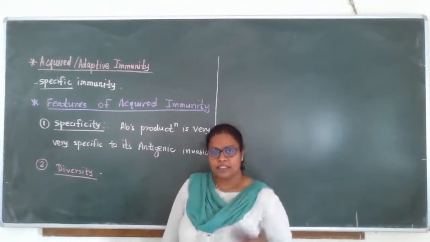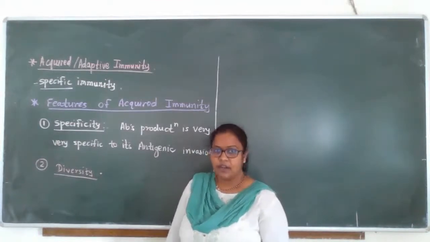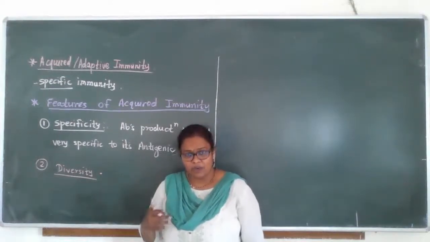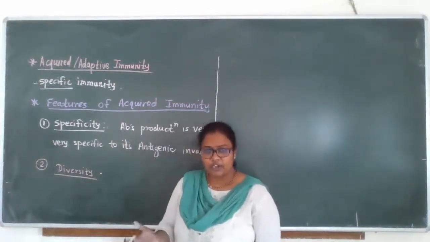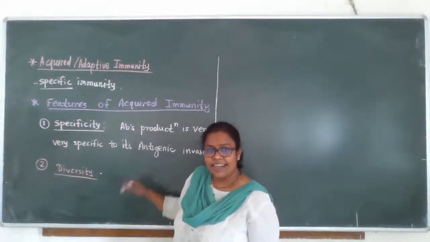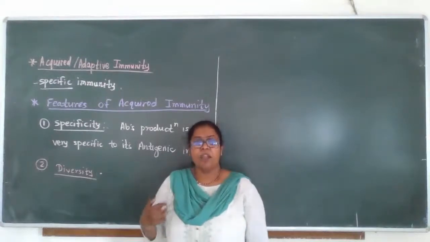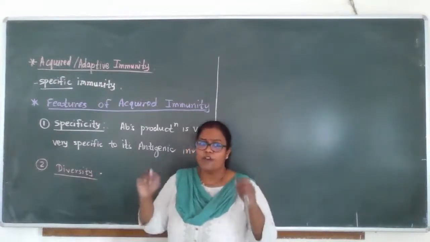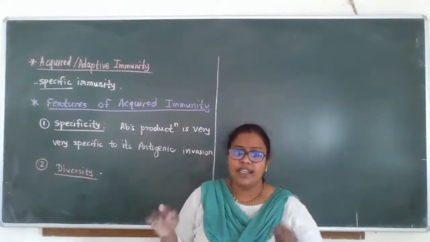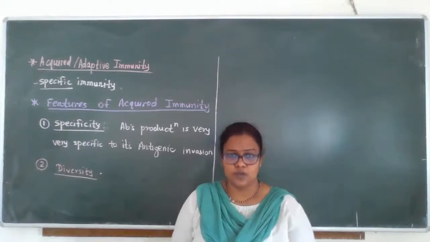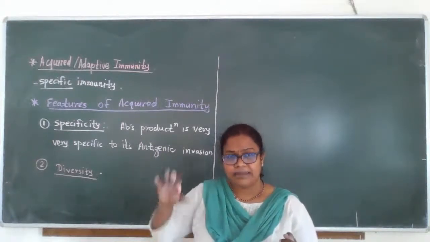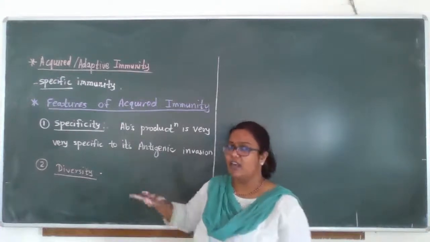There are numerous bacteria and viruses, and for every different virus or bacterium, different types of antibodies are generated. That means our body has a number of antibodies. There is tremendous diversity in the antibodies also.